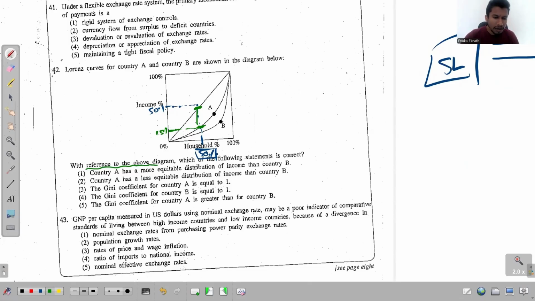With reference to the above diagram, which of the following statements is correct? Country A has a more equitable distribution of income than country B. See, comparison happens here.